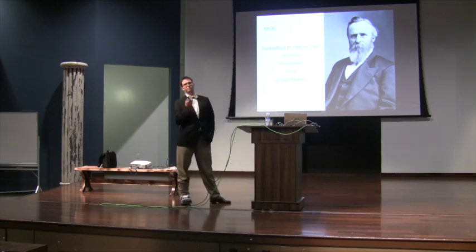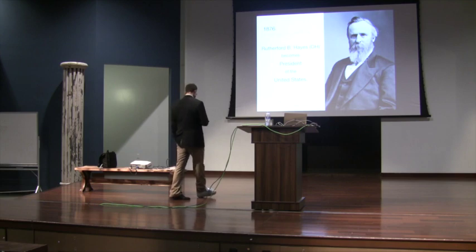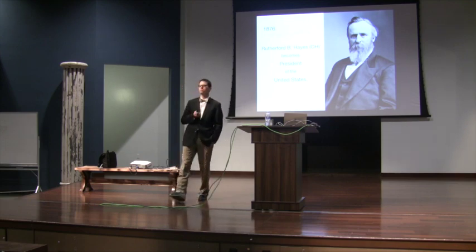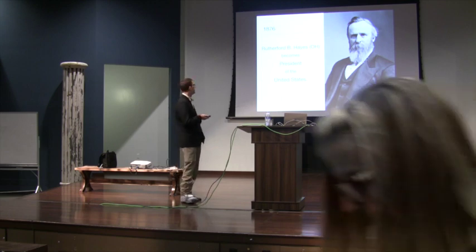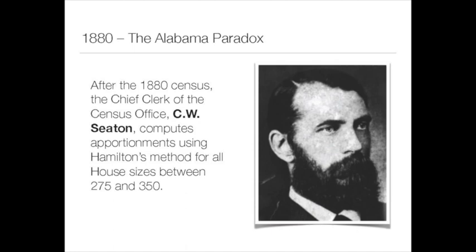So here's the problem. Things get worse for Mr. Hamilton, or rather for his method. Because after this, people start paying a lot more attention to the methods of apportionment and the problems that might come up from it. In 1880, the chief clerk of the census office, C.W. Seton, computes the apportionment method of Hamilton for all house sizes between 275 and 350.